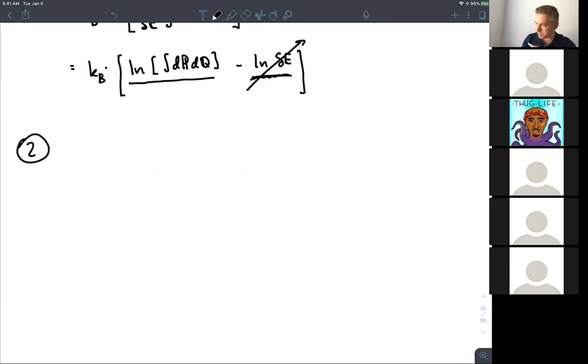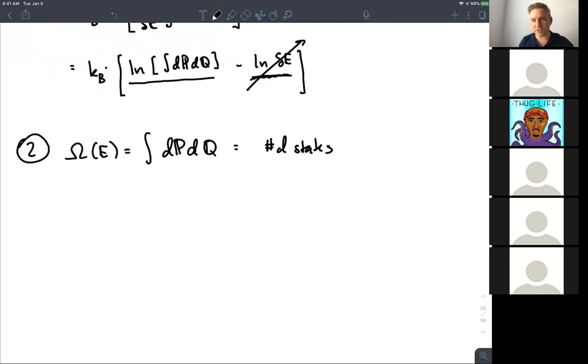Another thing that we're doing is that now if we look at this thing, again, what this is equal to is the number of states, states per unit volume in phase space, essentially. So in other words, it's essentially just the number of states available to the system.